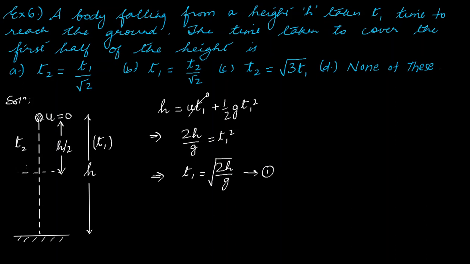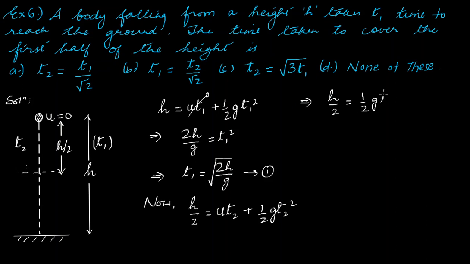Now the second part is going from here to this point only, and we'll use the same formula. Now the time is T2. h by 2 is equal to u T2 plus half g T2 square. So this implies h by 2 is equal to half g T2 square. So this half and this half will go. So T2 is the square root of h by g, equation 2.